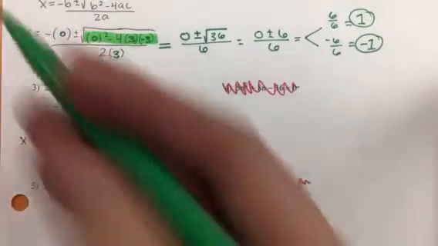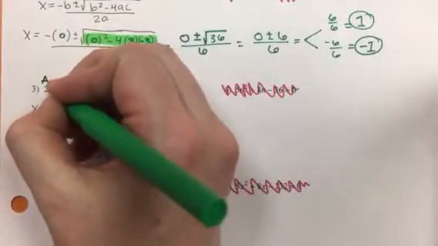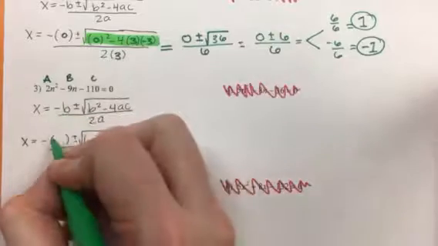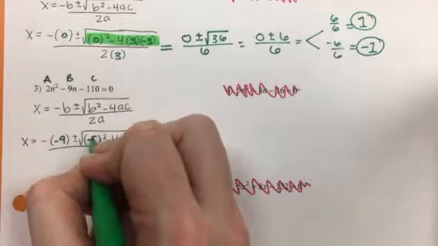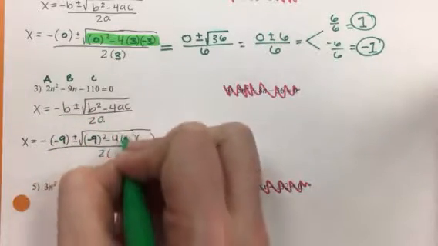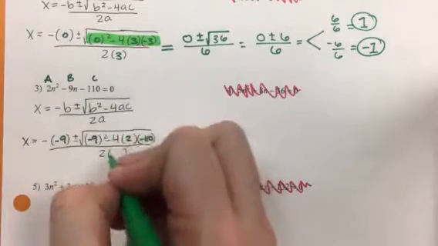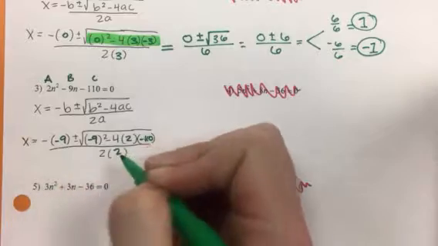Plug in. Our a has the n squared, b has one n, c has none, so we get -9. A is 2, c is -110, and a again is 2.